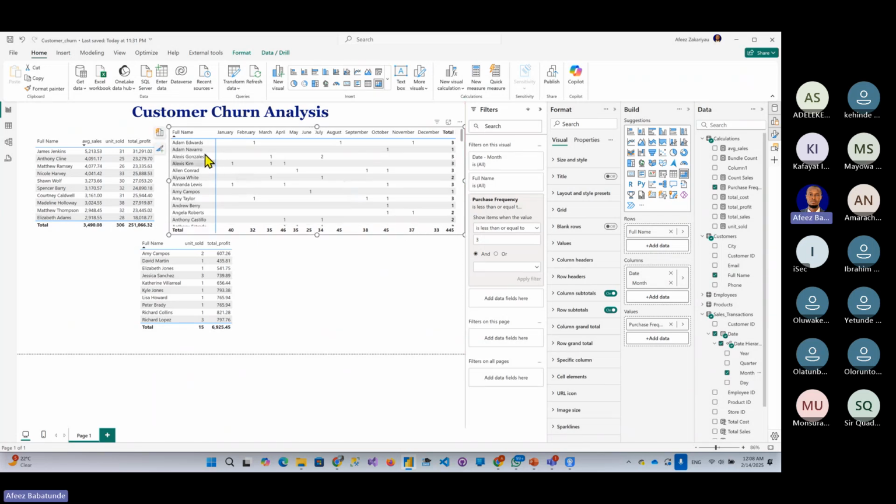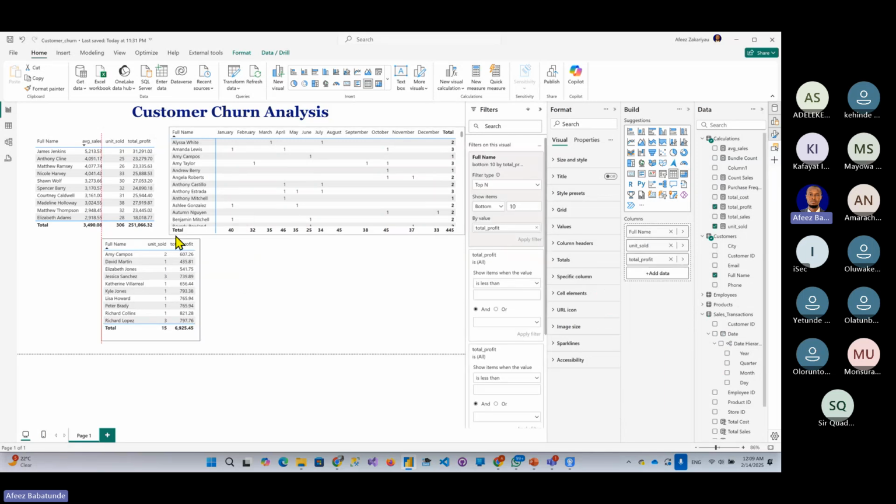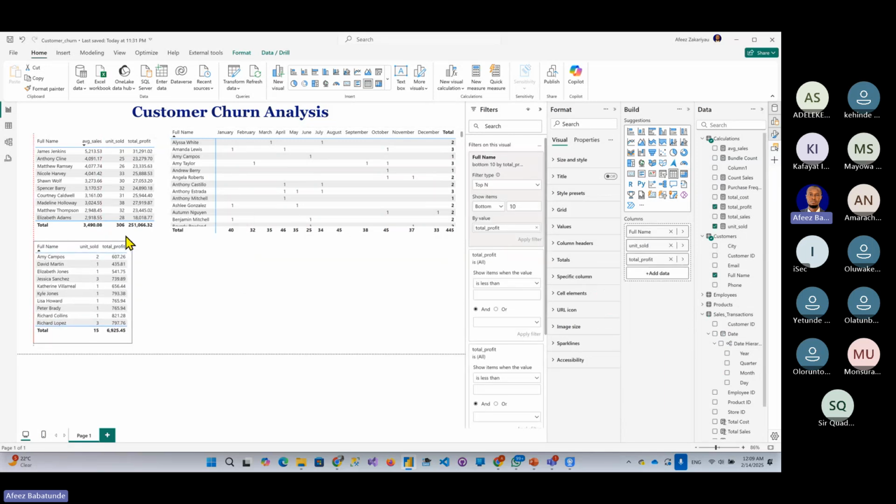Okay, so can you see this Edward only visited my store 3 times, and this one, this one, this one. So you can easily identify when a customer is visiting your store. Those are the kind of things that come to mind when you are dealing with customer analysis.